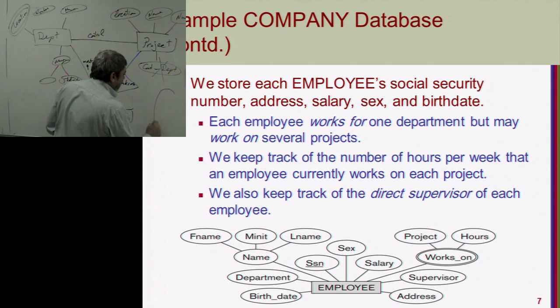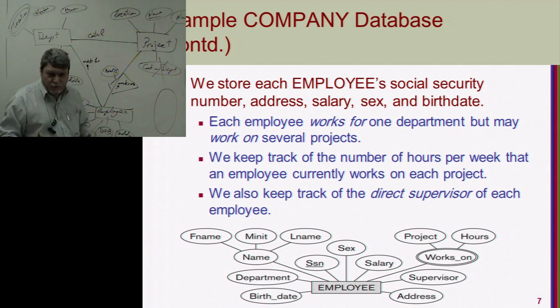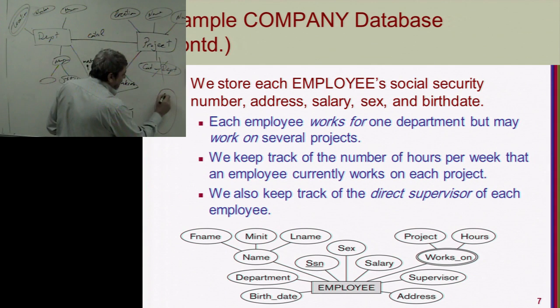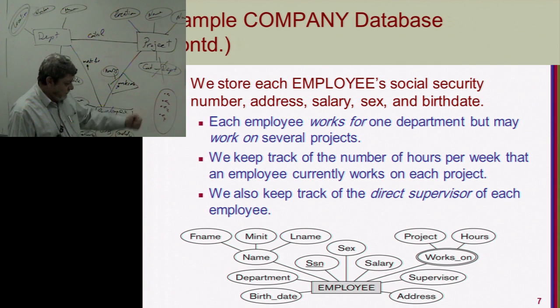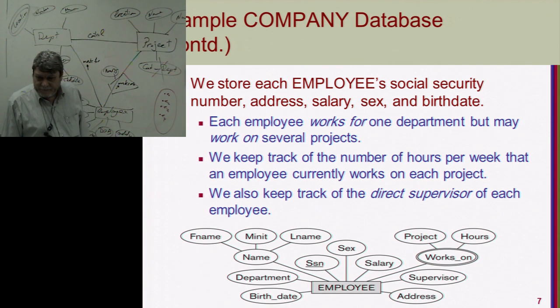Let us draw the occurrence diagram just to imagine how things work. I have E1, employee 1, E2, E3, E4, and so on. Now E1 is an employee supervised by E3. Muhammad is supervised by Ahmed, for example.